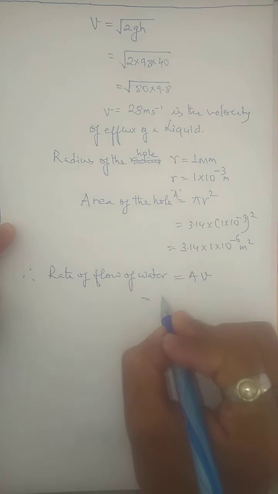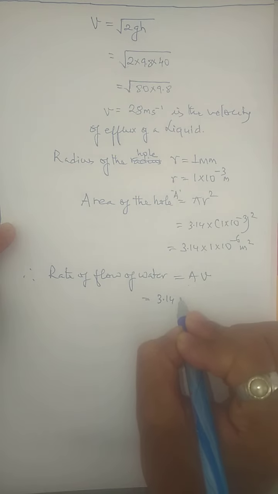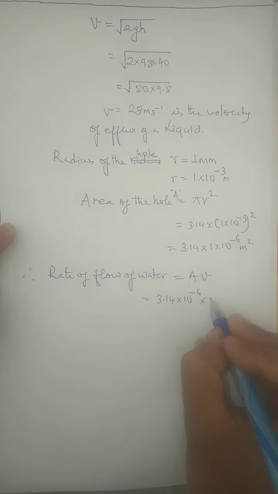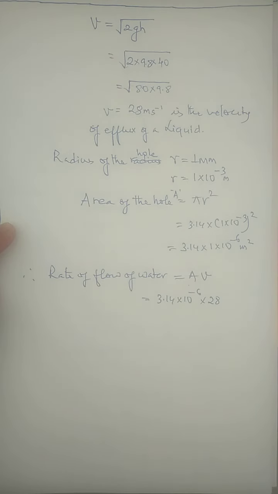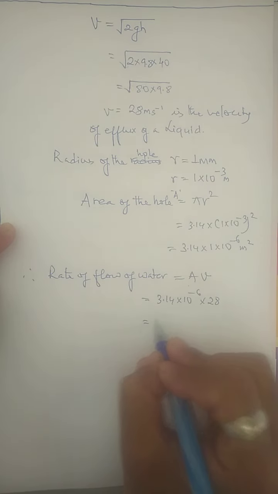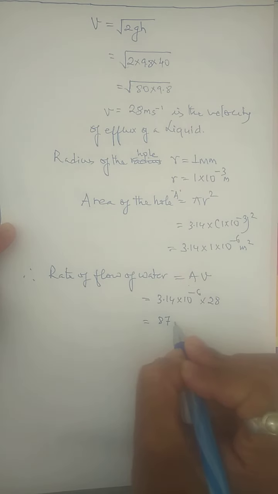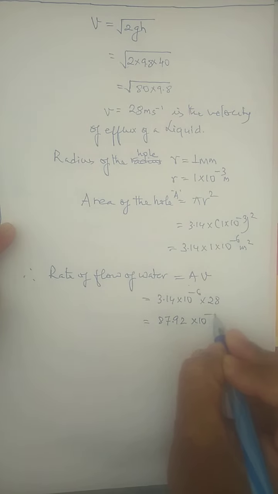So area is 3.14 into 10 power minus 6, and the velocity we have already calculated, that is 28. If we multiply 3.14 into 28, we get approximately 87.92 into 10 power minus 6.